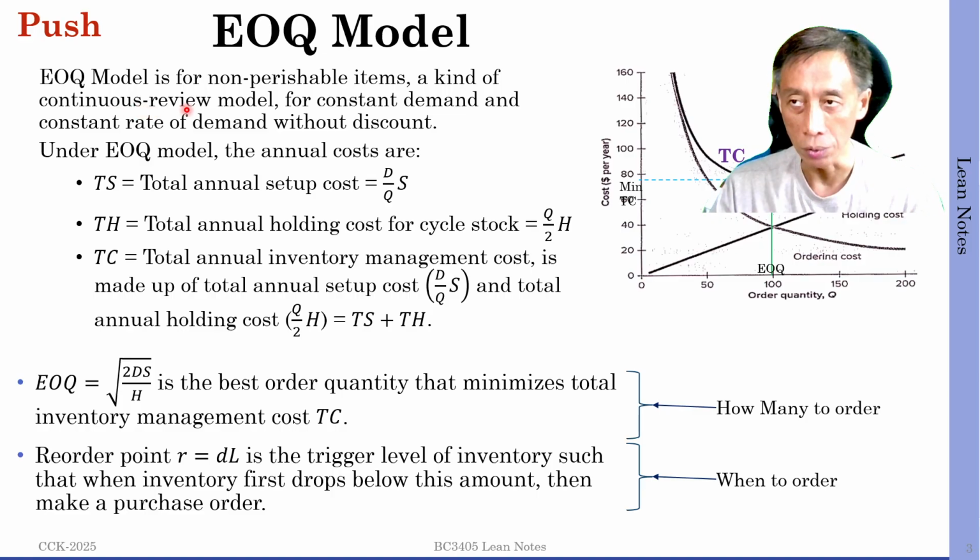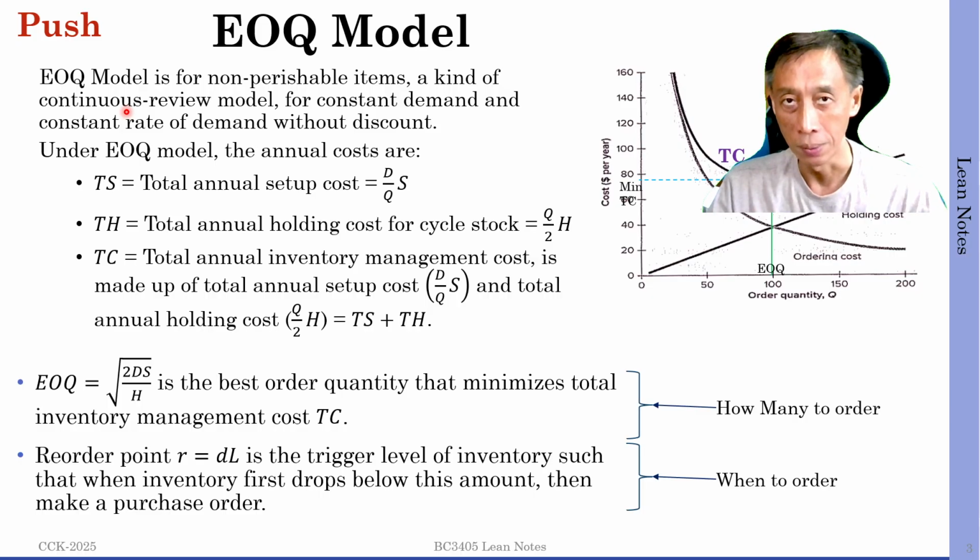So continuous review versus periodic review. Now that you know what review is, periodic review is another kind of theory that assumes you don't need to know the inventory level continuously, only periodically. So every week, you know that I still have a lot of stock, or oh no, I've run out of stock.